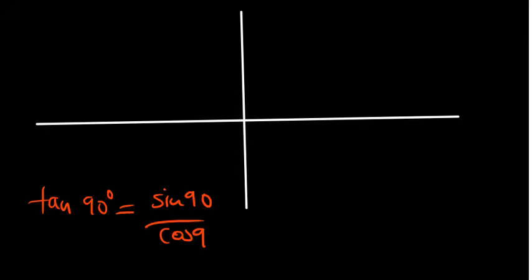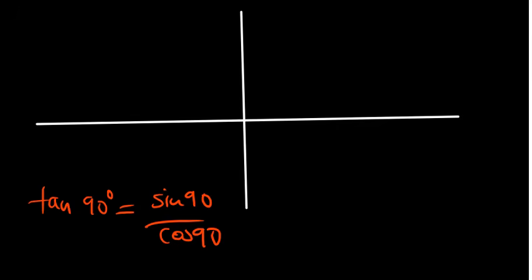We know that you can't determine the value of the tangent of 90. It's indeterminate, because this is the same as sine 90 over cosine 90. Cosine 90 we already know is a 0, so you can't divide by a 0.